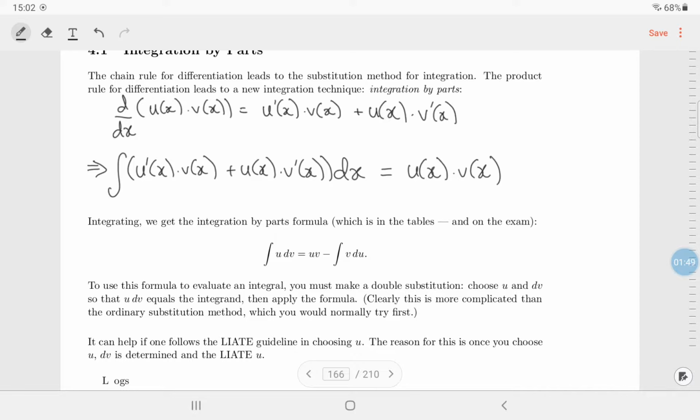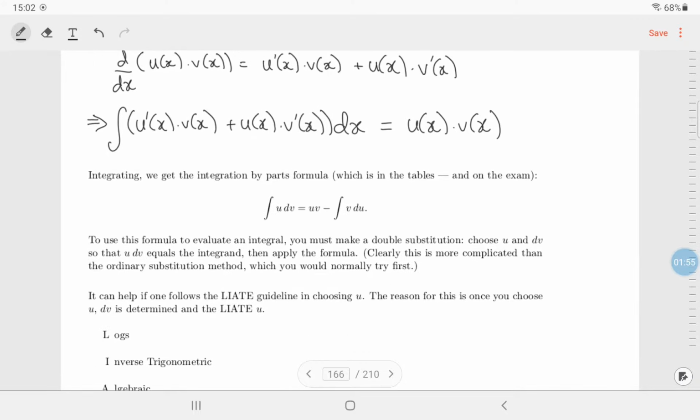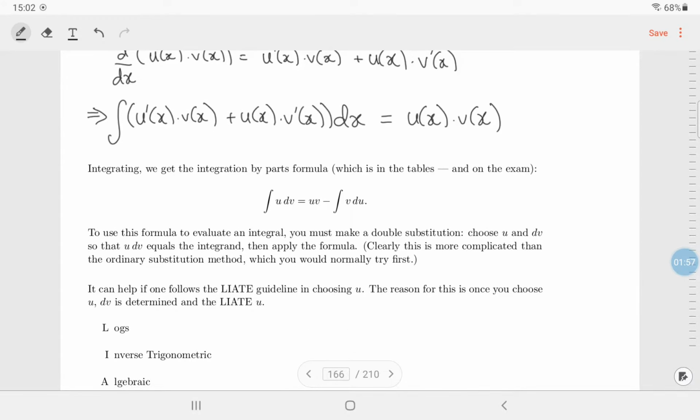Now this formula is a little bit more complicated than how it's done there. Like, what does dv mean? So I'm going to take this away from both sides, and you end up with the integral of u v dashed dx is equal to uv minus the integral of v u dashed dx.